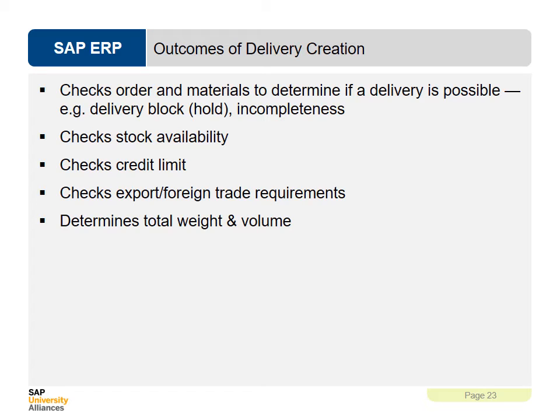The system carries out the following activities when an outbound delivery is created. It checks the order and materials to make sure that the outbound delivery is possible. It determines the delivery quantity of an item and checks its availability.